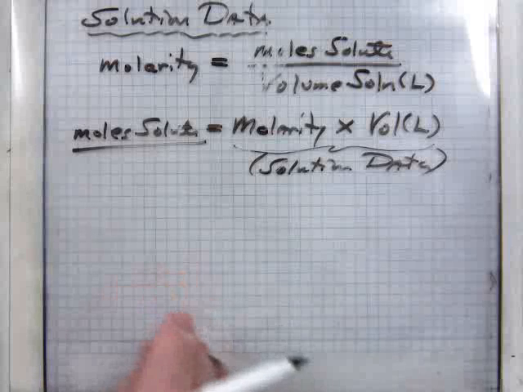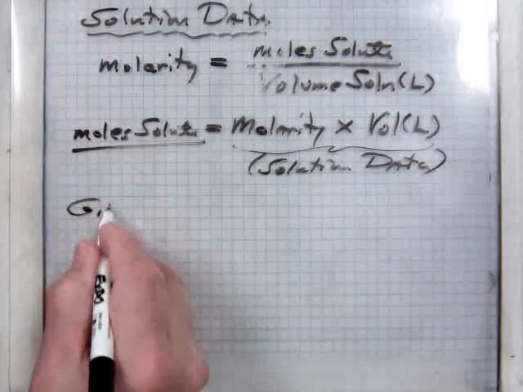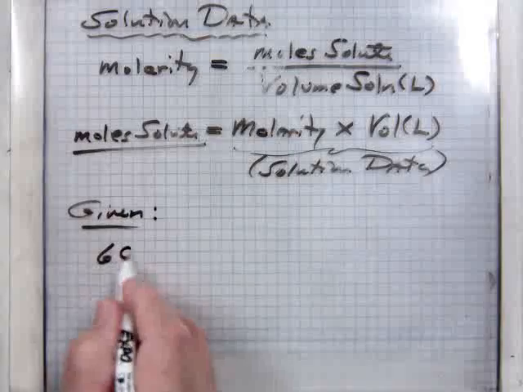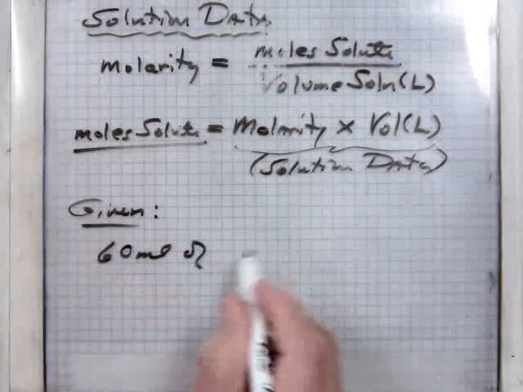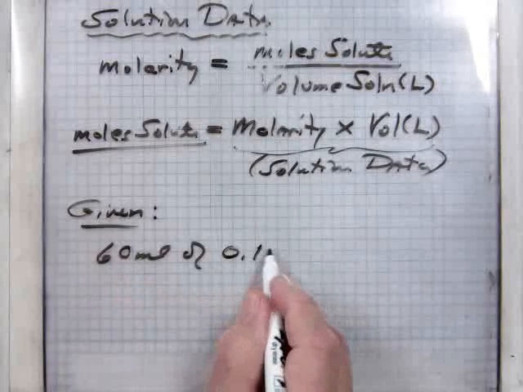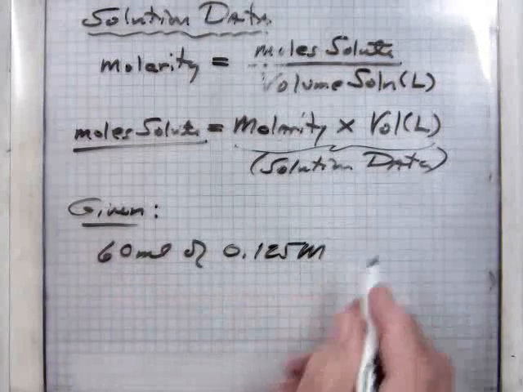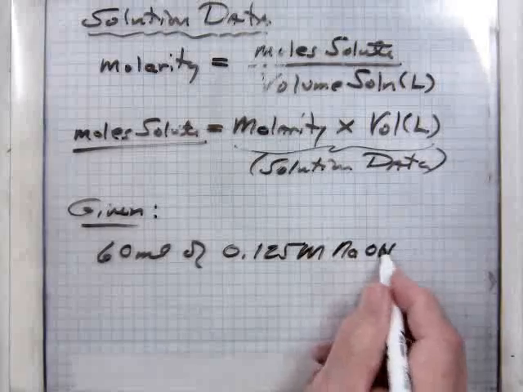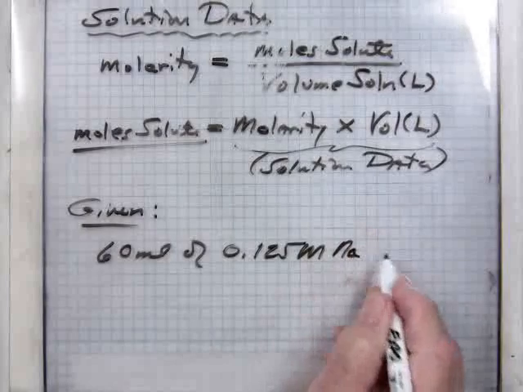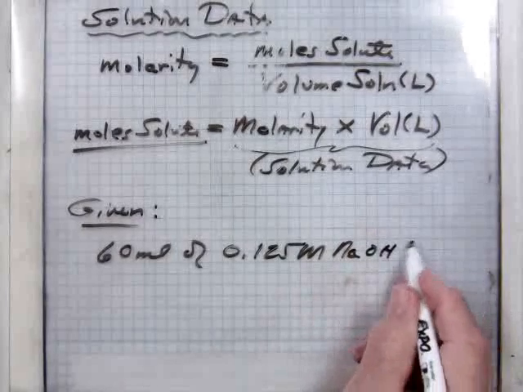Okay, so let's say you're given the following problem. 60 milliliters of a 0.125 molar sodium hydroxide solution, an aqueous solution.